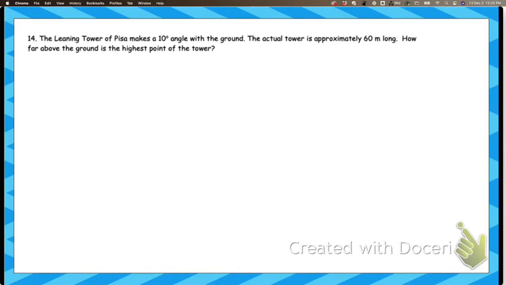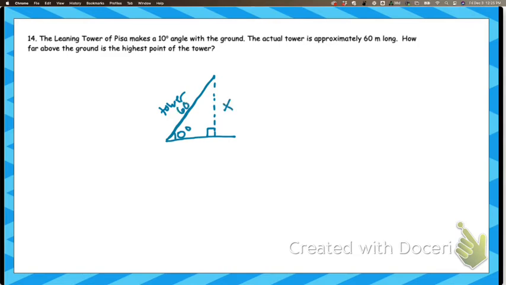So here is my Leaning Tower. All right, here is the ground. It makes a 10-degree angle with the ground. So this is my 10 degrees. We're trying to find the height, which will be where your right angle is. And it says the actual tower is 60. So this is 60 and this is x.